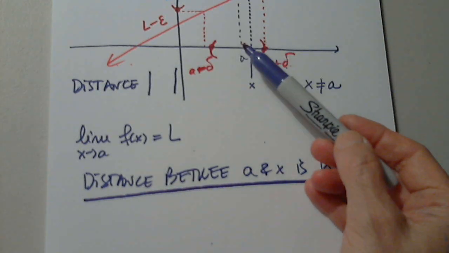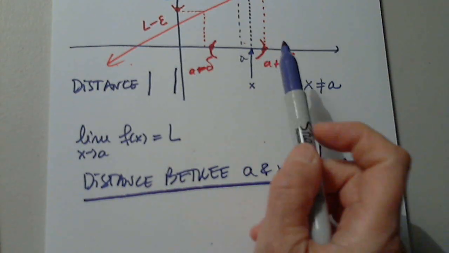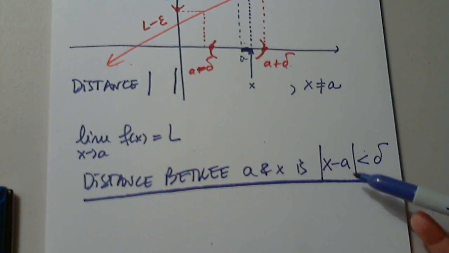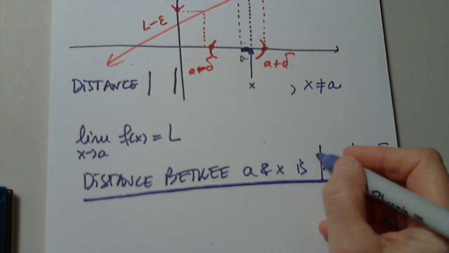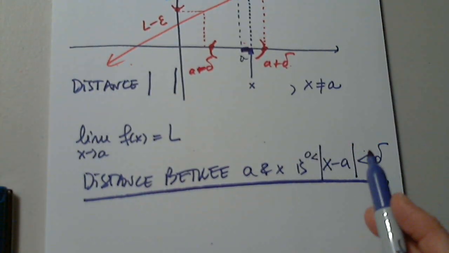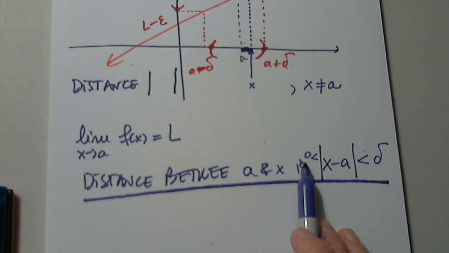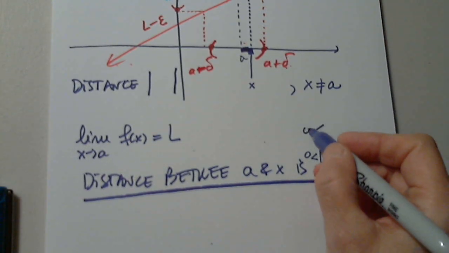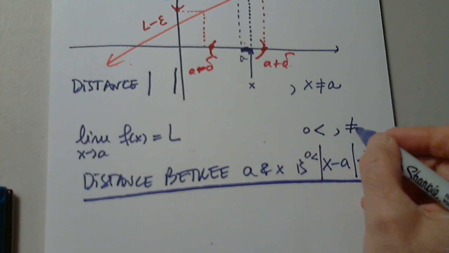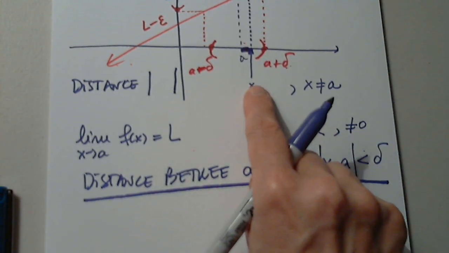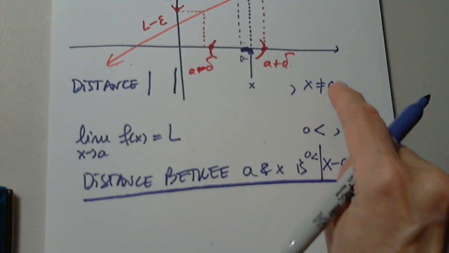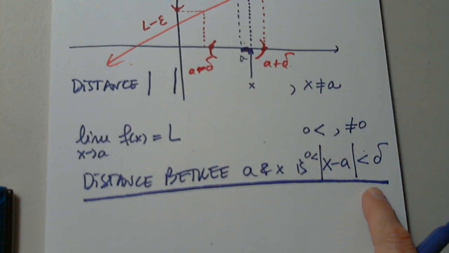This is how we write it. The distance between a and x, or x and a, doesn't matter. This distance is written as the absolute value of x minus a less than delta. We will also put in front greater than 0. And you can say, wait a minute, the absolute value is always greater than 0. Yes, but the fact that we write greater than 0, we really mean not equal to 0. In other words, you cannot pick x to be a. That's all it means.